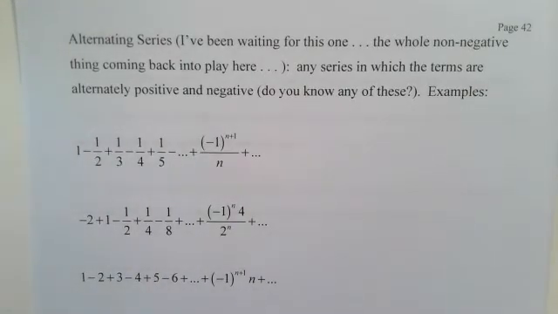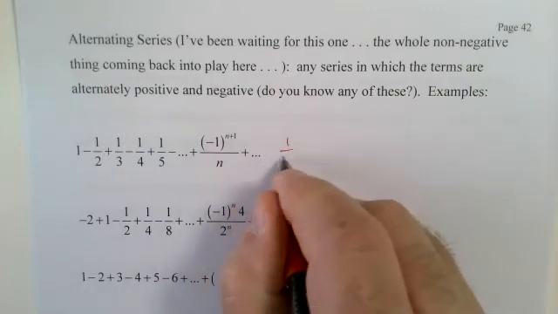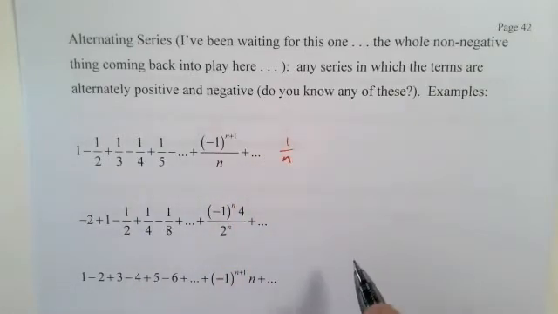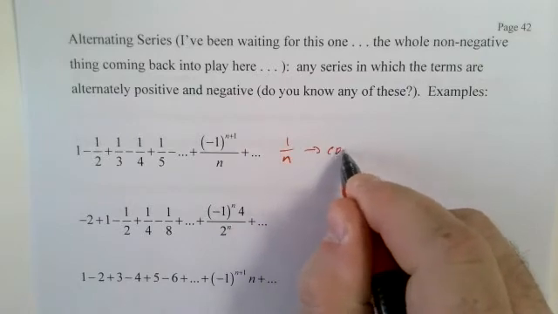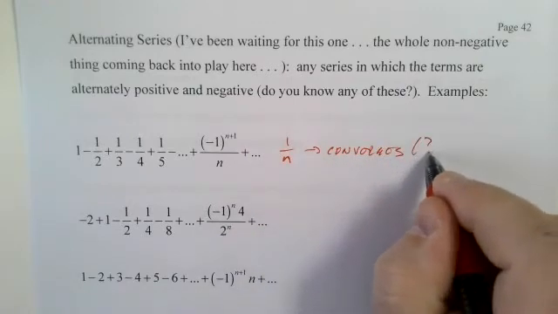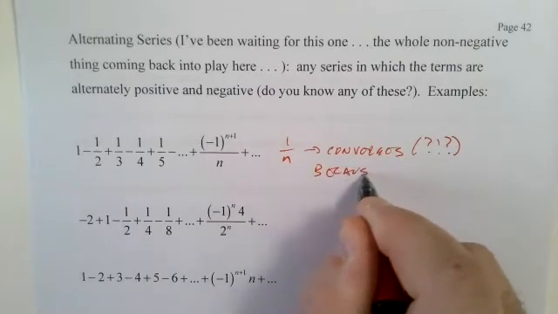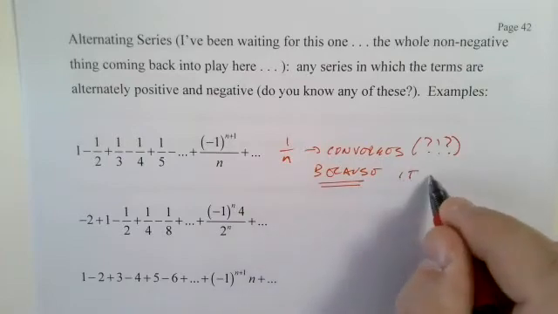So you look at this and you say, there's alternating here, but this is just 1 over n. That's got to diverge, right? It converges. Because it alternates.